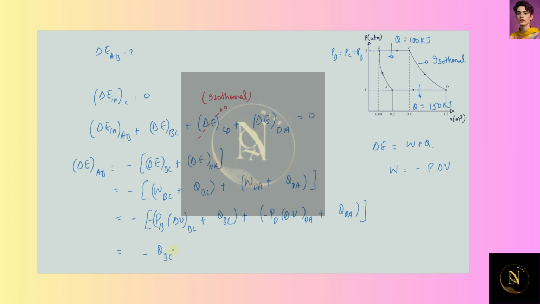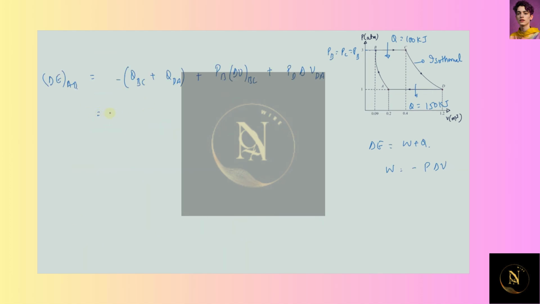Now we're going to simplify this and we'll get minus of QBC plus QDA plus PB delta V of BC plus PD delta V of DA. Now we'll be plugging all the values in this formula to calculate the change in internal energy for the process AB.